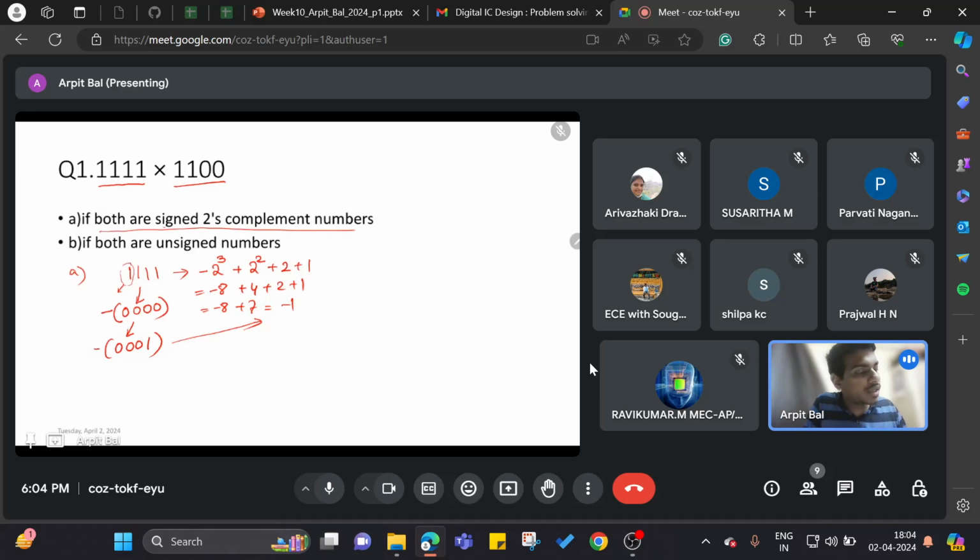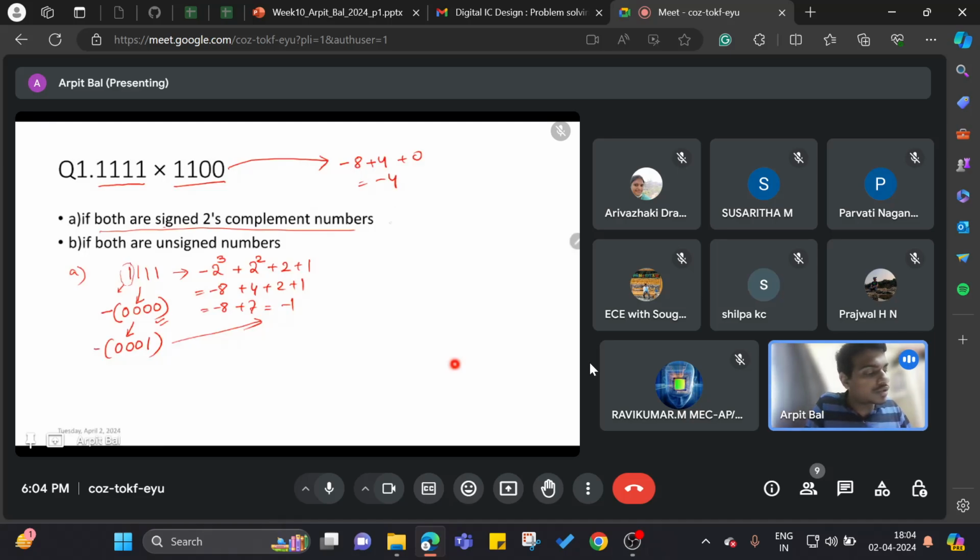Similarly, what will be this? -4. Okay, so this is -8 plus 4 plus 0, that is -4. Same thing you could have done in this manner as well, whichever you find comfortable.